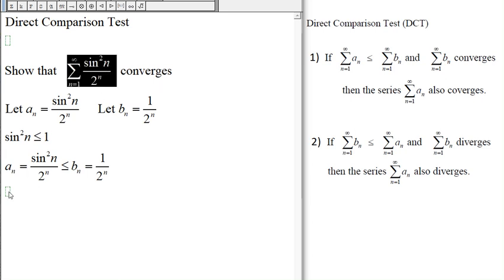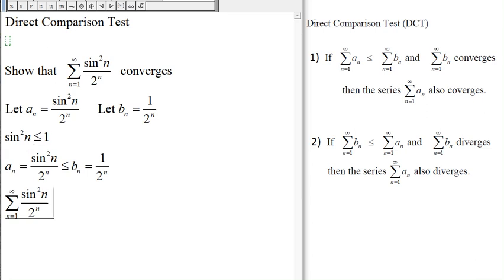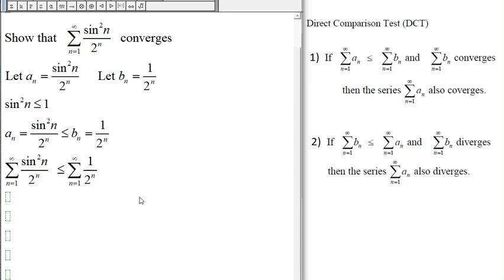And so we have just shown that this series is less than or equal to the series b sub n. So we have shown the first part, and now we need to show that the series b sub n converges.